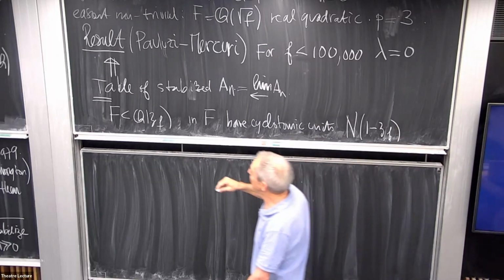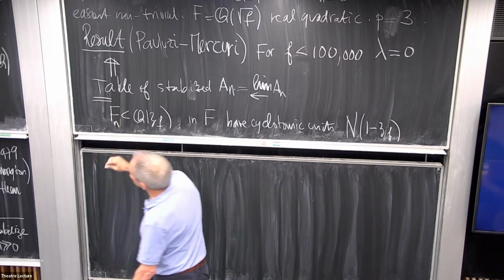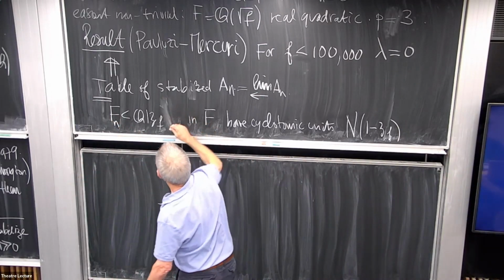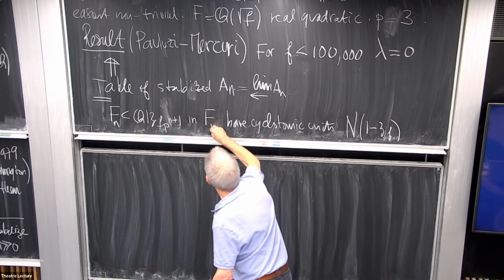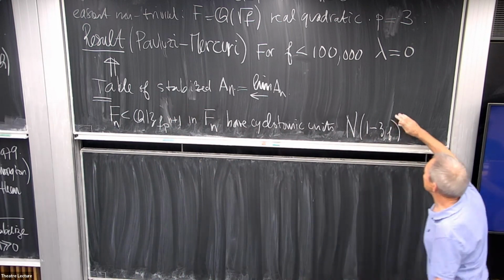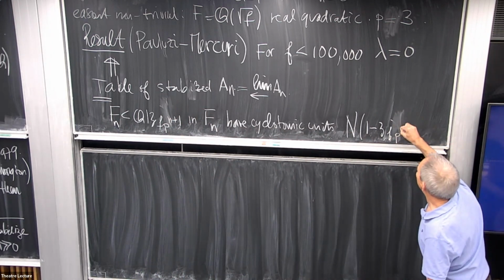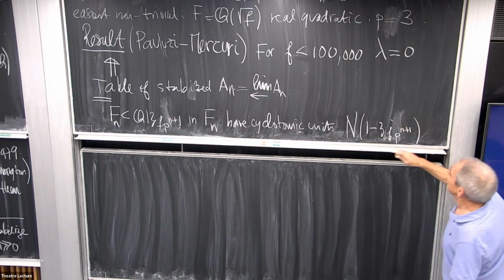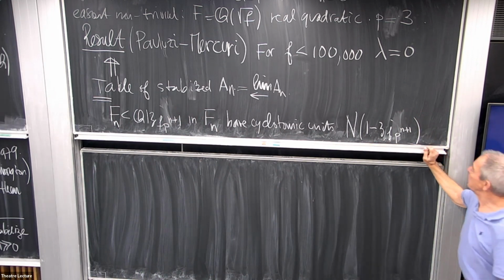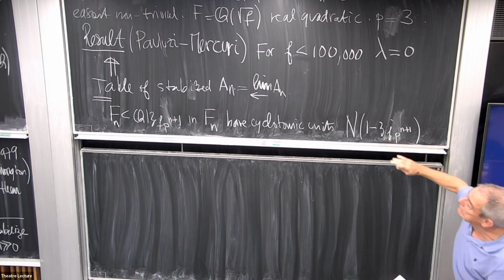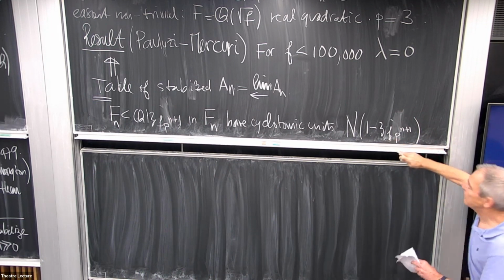And in fact, if I take an F_n in my tower, then it is contained in Q(zeta_{F p^(n+1)}). And in F_n, we also have cyclotomic units, and they are norms of these things. And these are actually units because the conductor is composite.